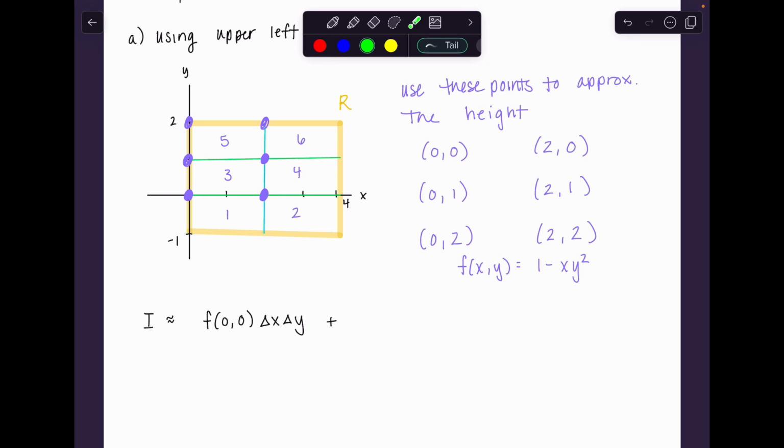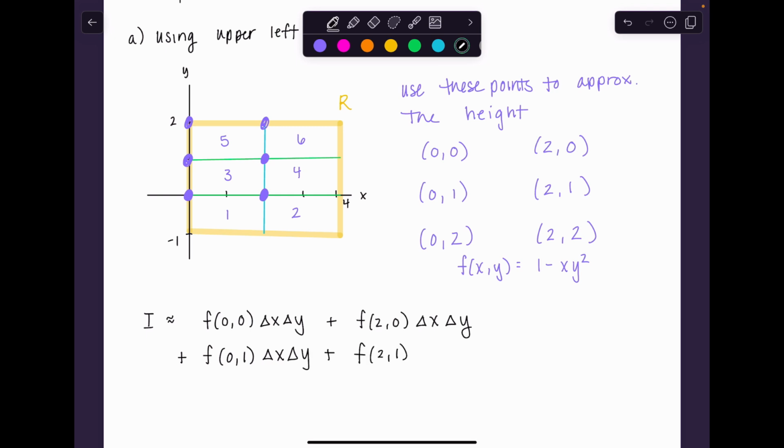Moving on to the next point, I would plug in 2, 0, and times that by delta x, delta y. And then just to keep this in a nice grid, I add my next point, which is 0, 1 times delta x, delta y, and then 2, 1, delta x, delta y, and then going on to that top row, 0, 2, and then 2, 2.